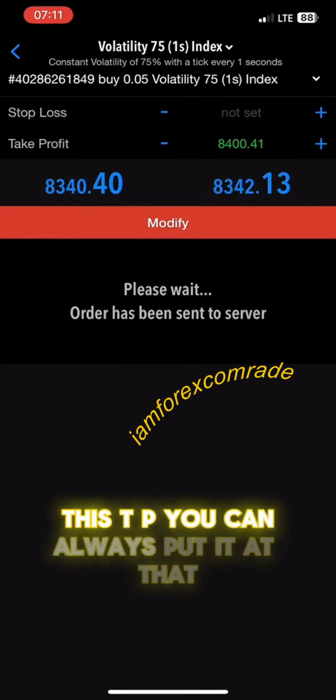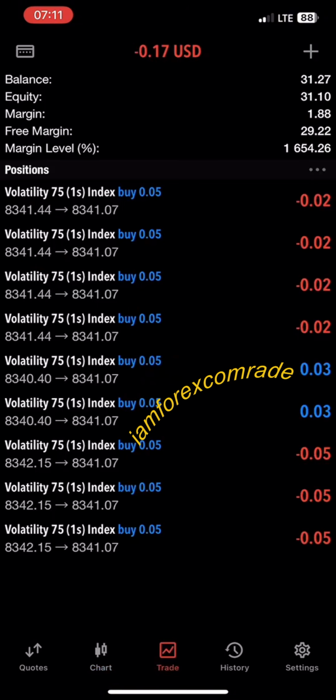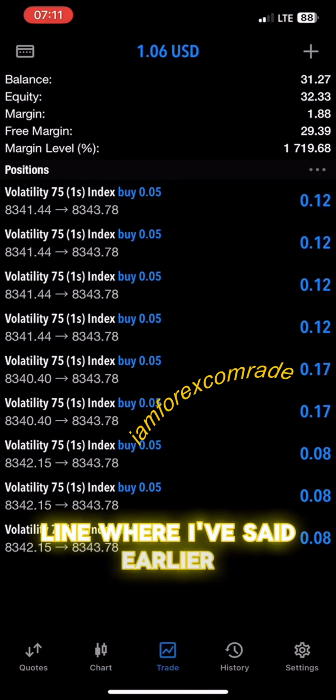This TP, you can always put it at that line where I've said earlier.